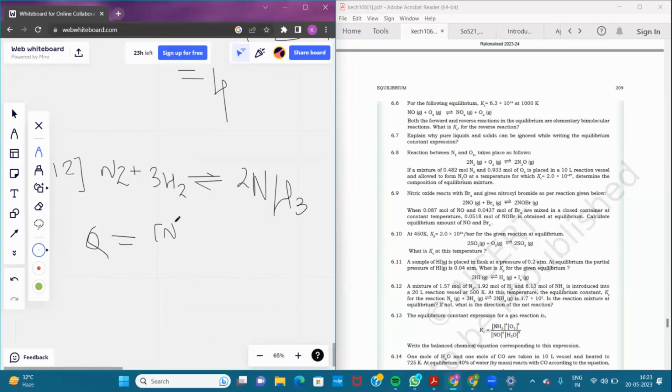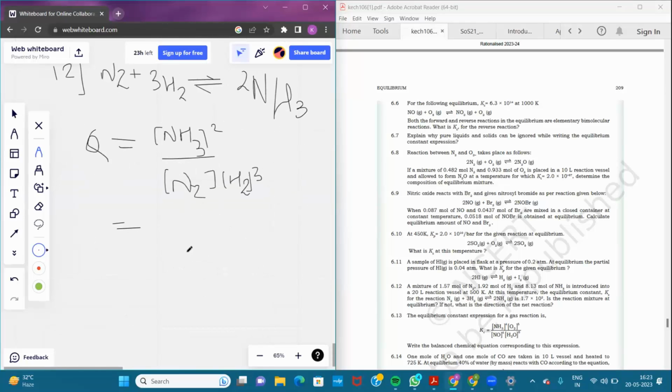So, NH3 square into N2 into H2 cube. NH3 is 8.13 moles, but we need concentration. Please don't forget the volume, this is 20.